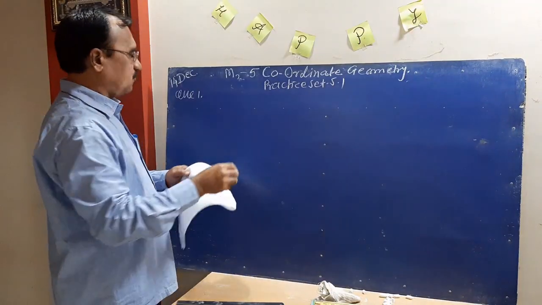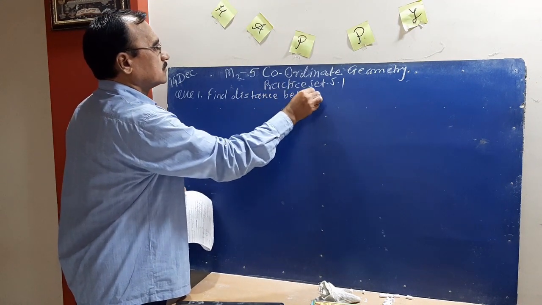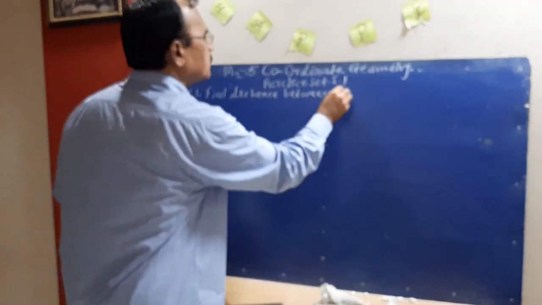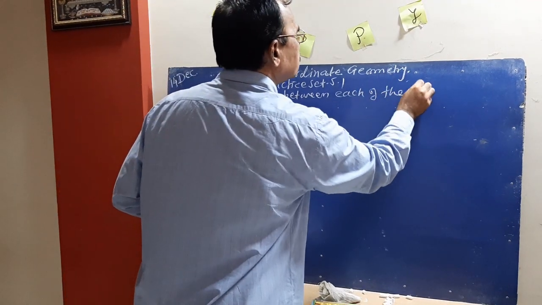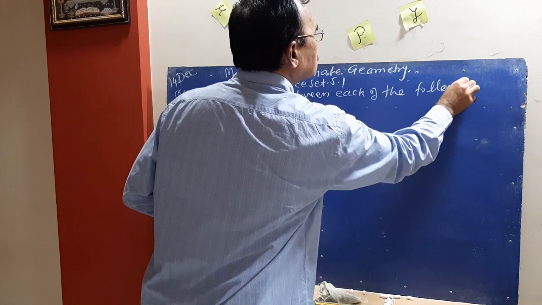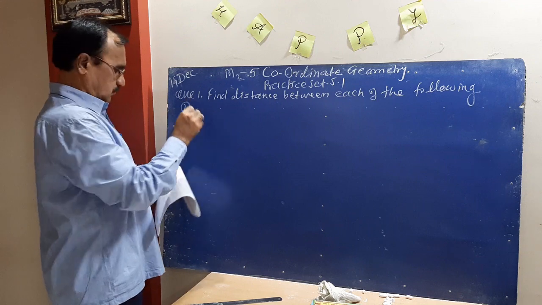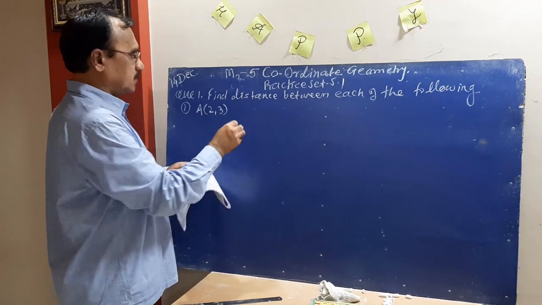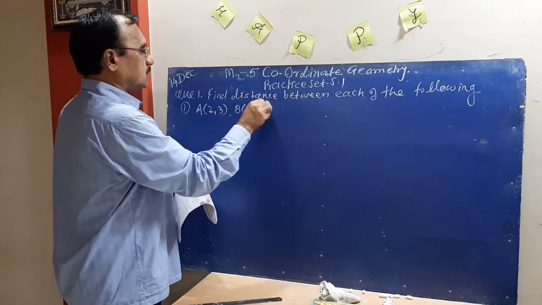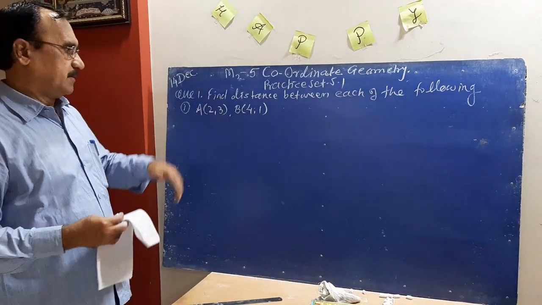Find the distance between each of the following. First one, A (2, 3), B (4, 1). We have to find distance AB.